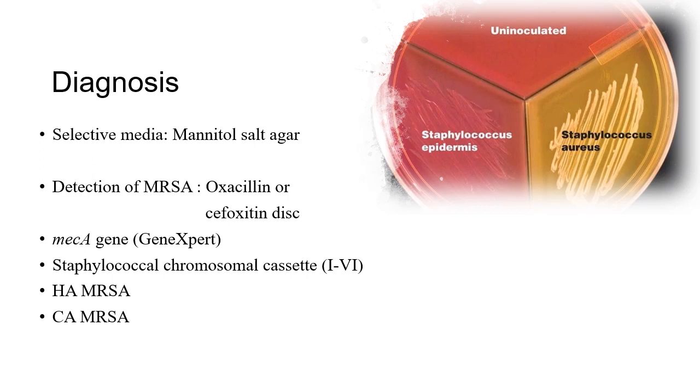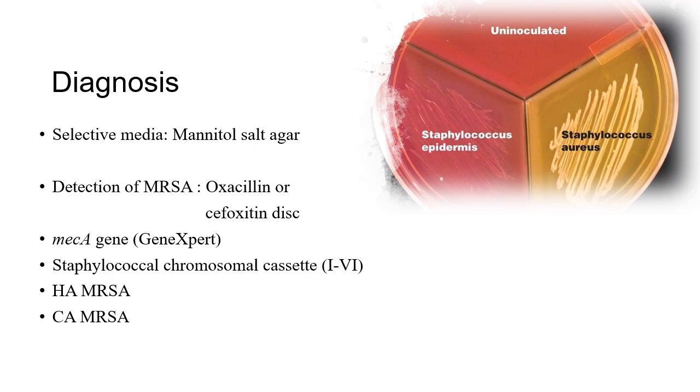Now I introduce you to another medium which is called a selective medium, and the medium is mannitol salt agar. All right. So now if there is suddenly an outbreak of Staphylococcus aureus in the nursery or in the burns ward or in the ICU, in that situation, of course I'll grow it on blood agar, but I want to save some time and media, and I'm looking only for Staphylococcus aureus.